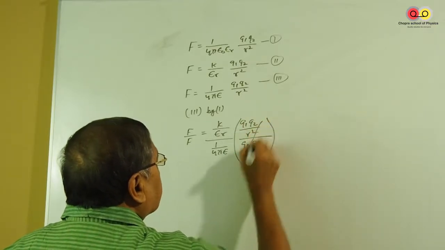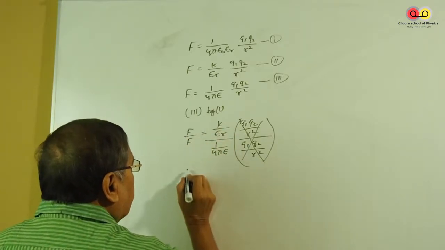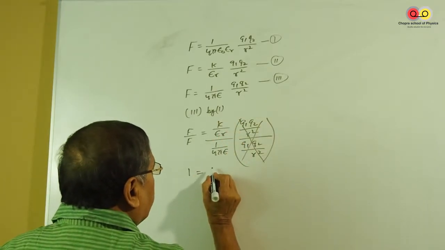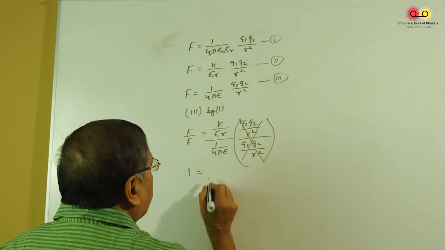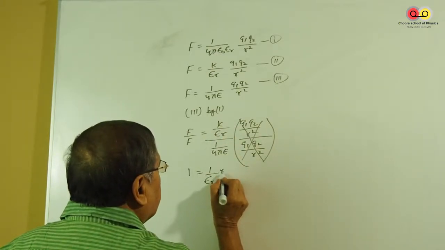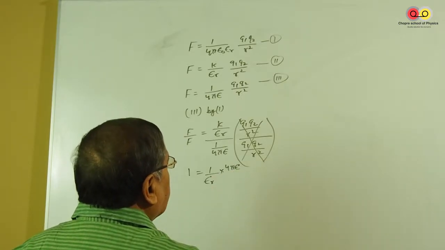So this whole function will cancel off, and 1 equals k over epsilon r multiplied by 4 pi epsilon.